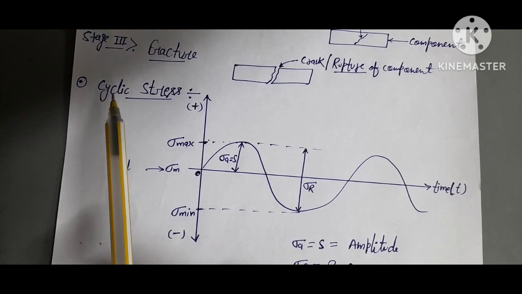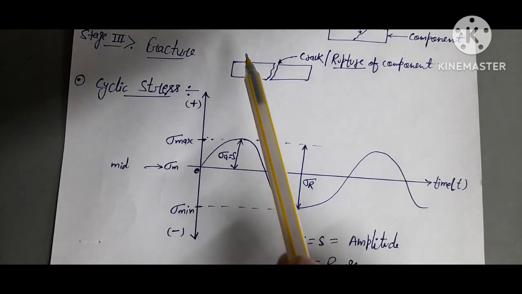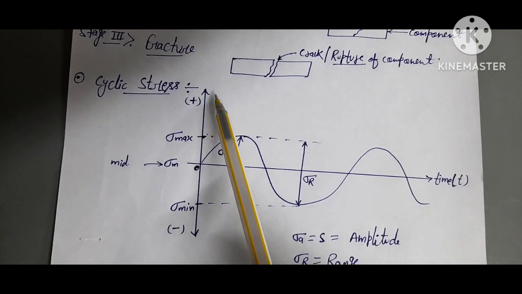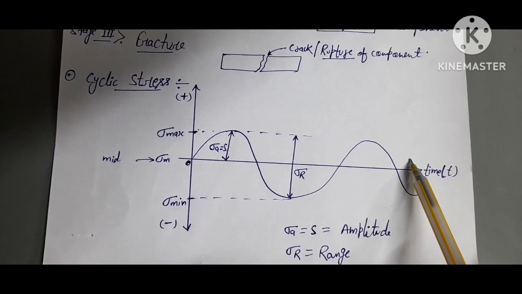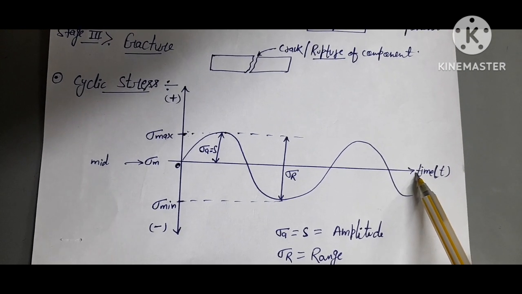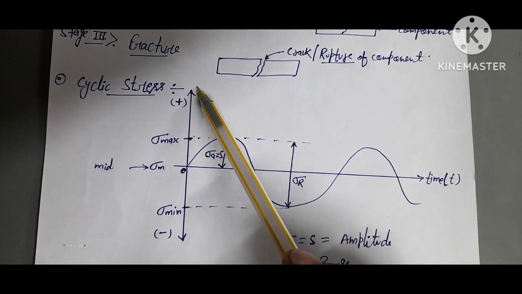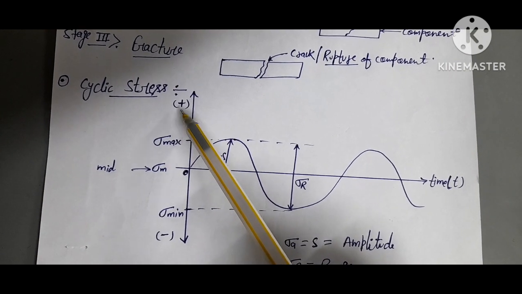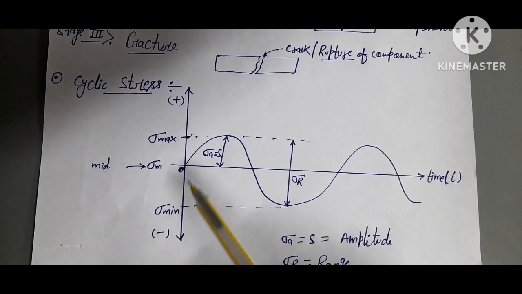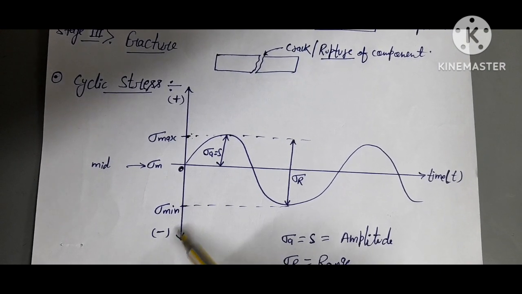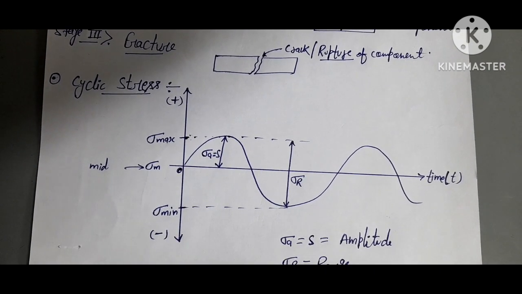So friends, you need to know what cyclic stress is. This vertical axis shows stress and the horizontal axis shows time. From the zero line in the upward direction, the stress is considered positive, and from the zero line in the downward direction, stress is considered negative.